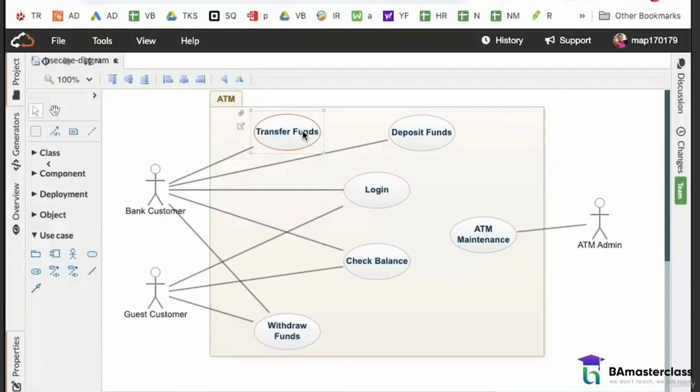The second half of the definition says a use case diagram shows relationships between use cases.